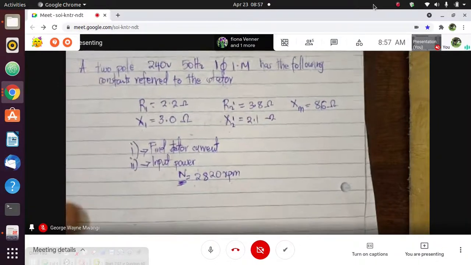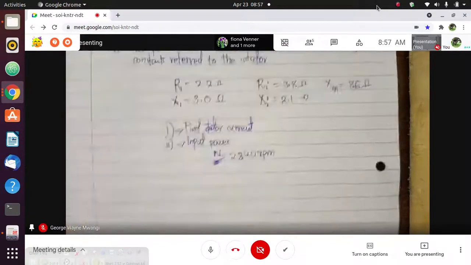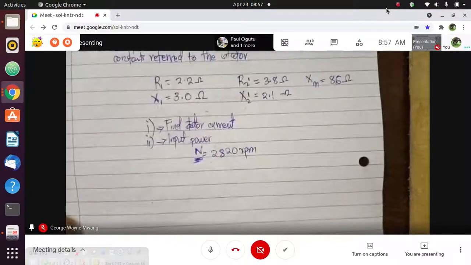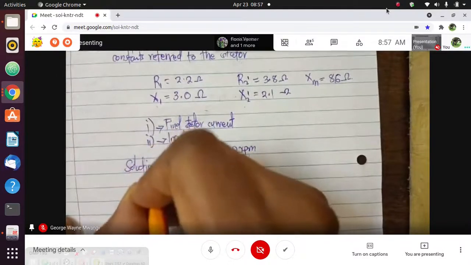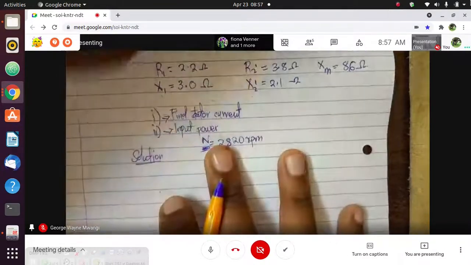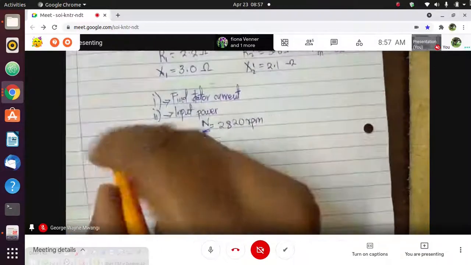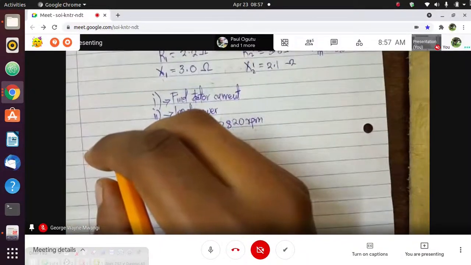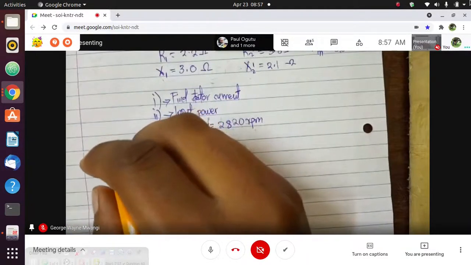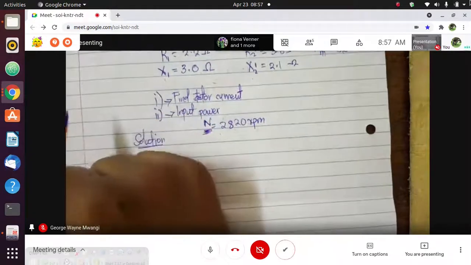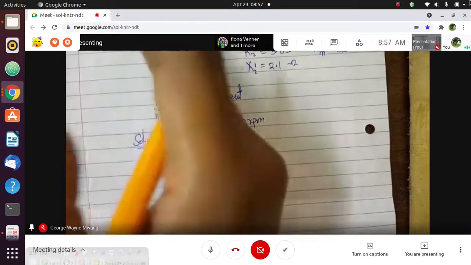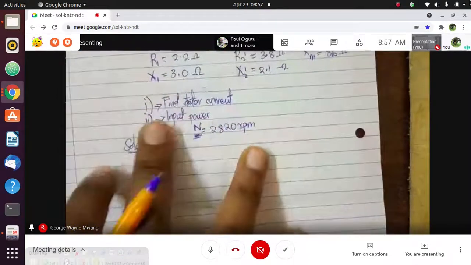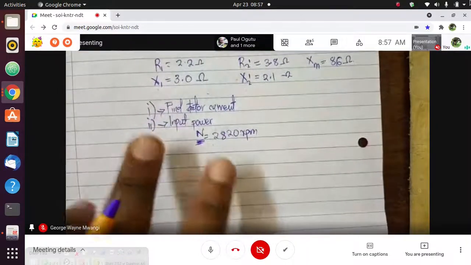Now, we have been told to find the stator current and the input power. The first thing that we'll have to do is find the slip. Remember that this single phase induction motor is moving.